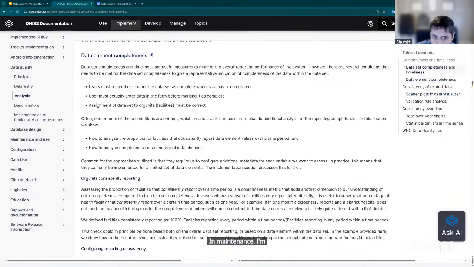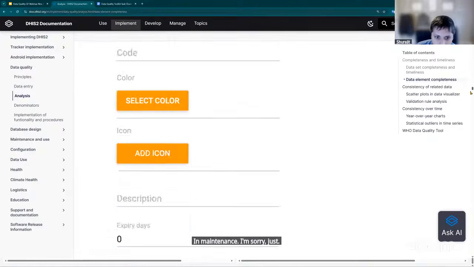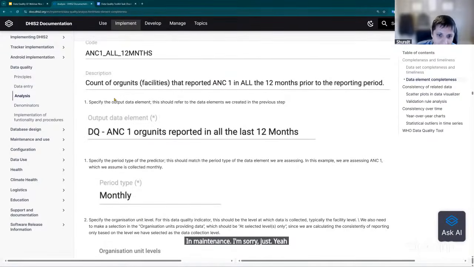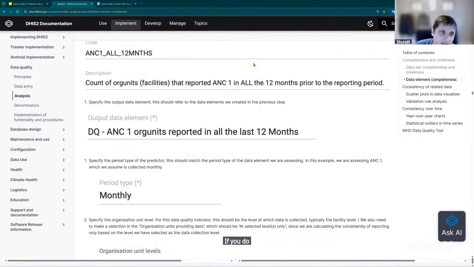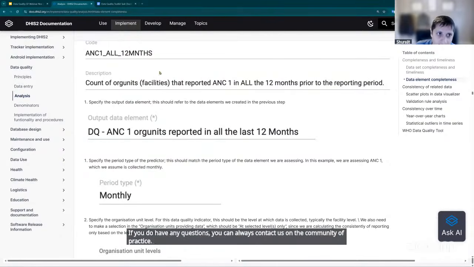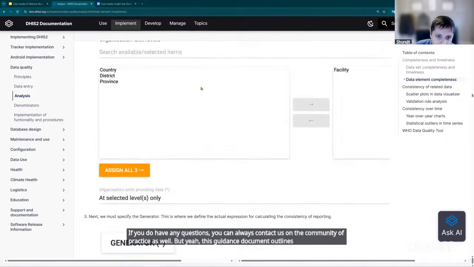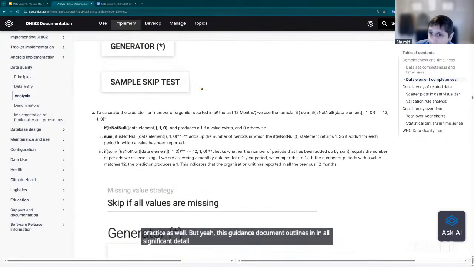There's quite detailed guidance on setting all these things up. If you're interested in learning more about the configuration, it's all documented here in the guidance, and I would suggest you have a look at that. If you do have any questions, you can always contact us on the community of practice as well. This guidance document outlines in significant detail how to set up all of these different metrics, all of these different measurements.